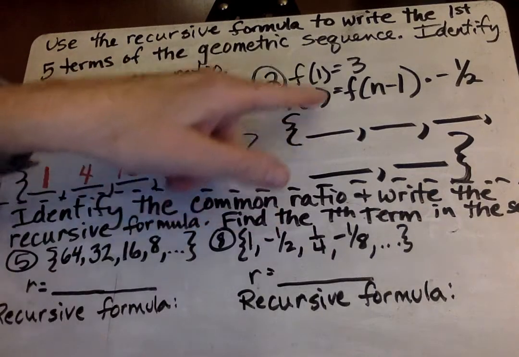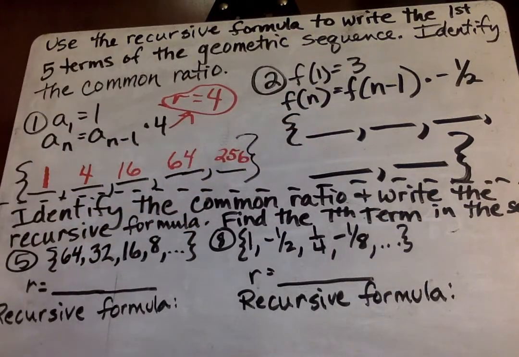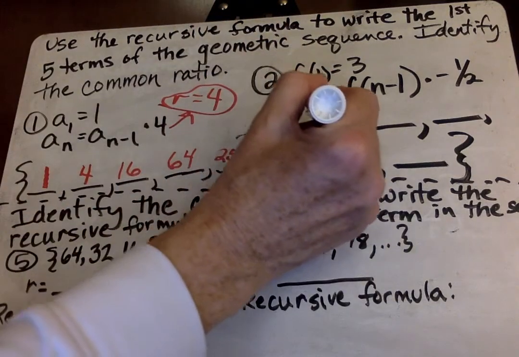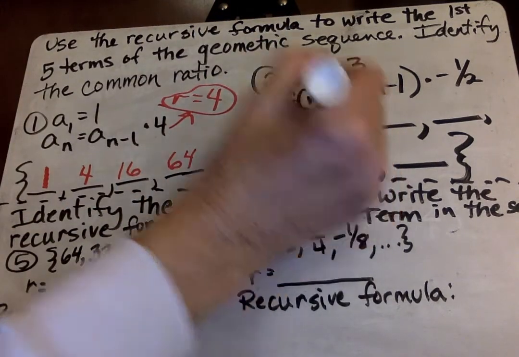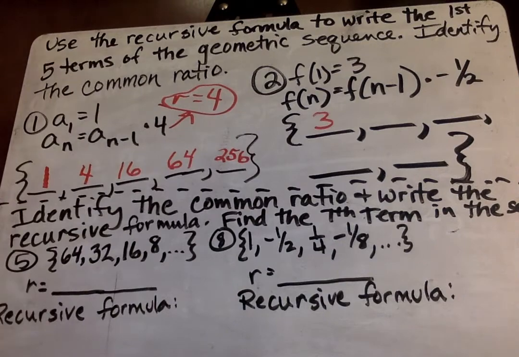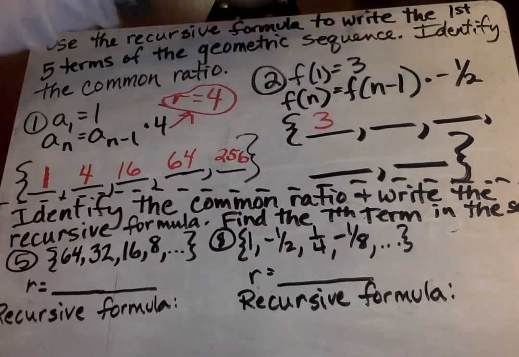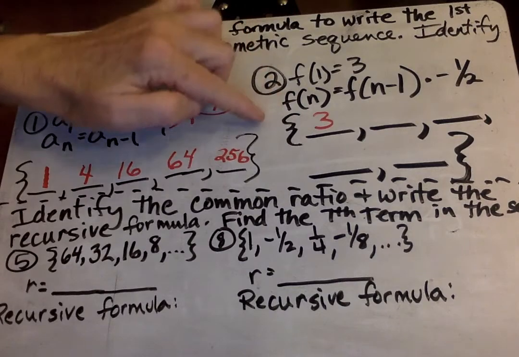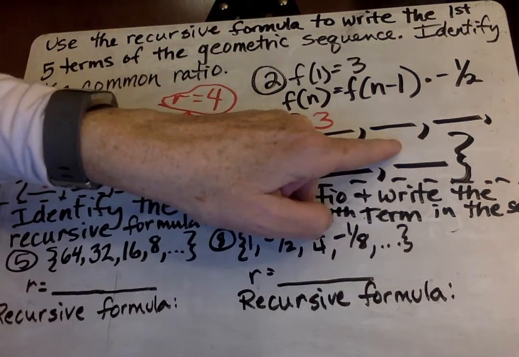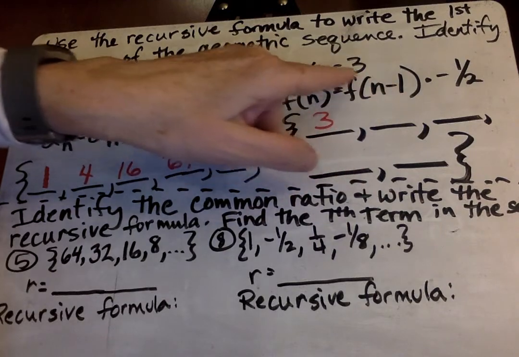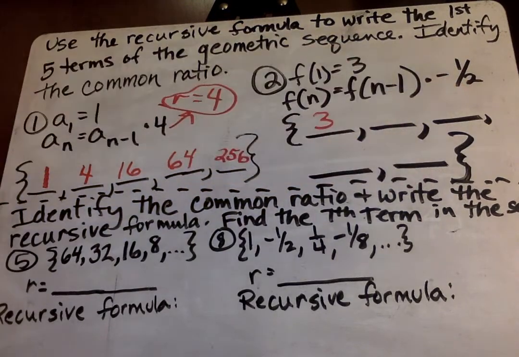Our first one is always going to be the first number, so that would be a1 or f of 1 equals 3. Then it says f of n equals f of n minus 1 times negative 1/2. For the second term, f of 2, n is 2, f of 2 minus 1 is f of 1, times negative 1/2.